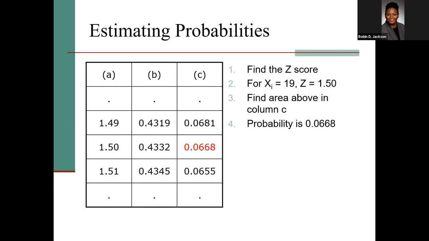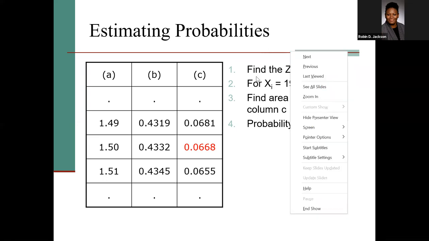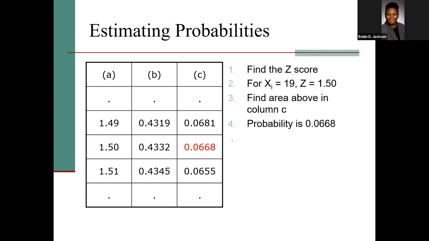Using the information from the previous slide, in case you didn't write it down, remember that the mean, M, equals 13, the score, Xi, is equal to 19, and the standard deviation, S, is equal to 4.